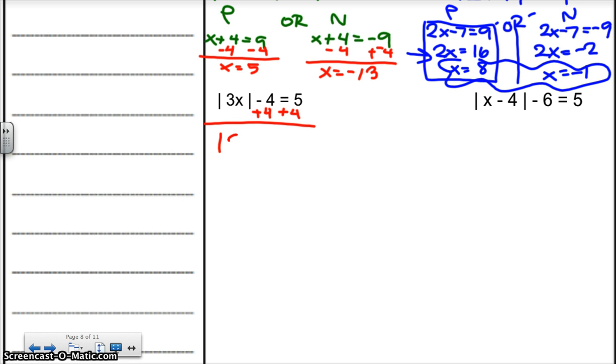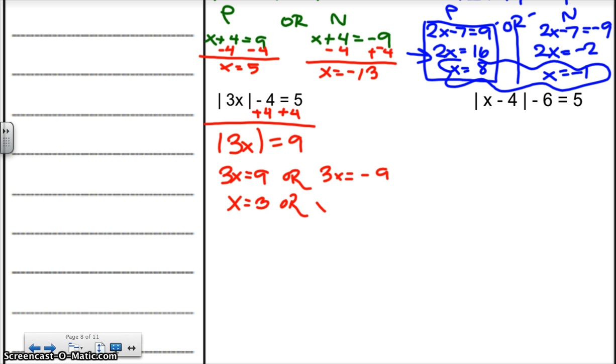I get the absolute value of 3x equals 9. Now I can create my cases. 3x is 9, or 3x is negative 9. x is 3 or x is negative 3.